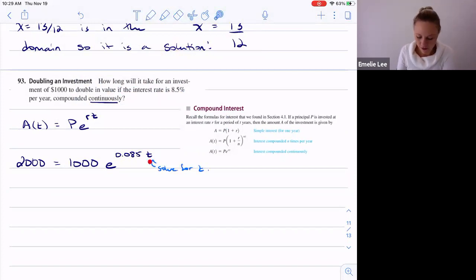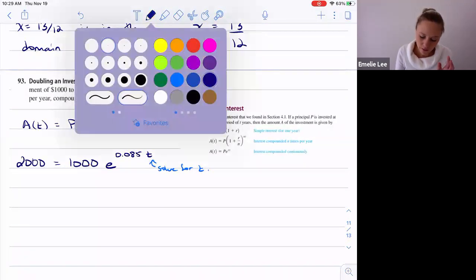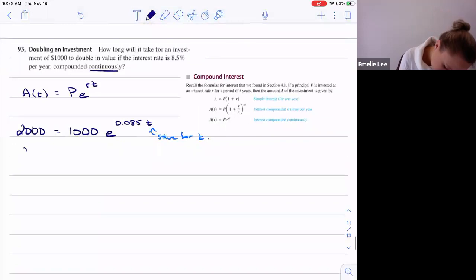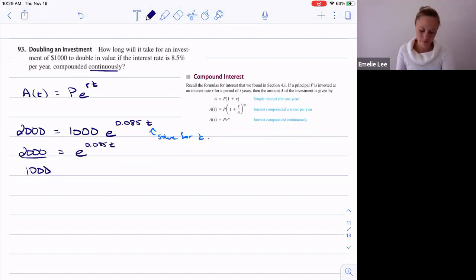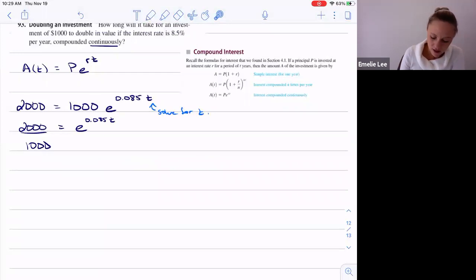If I'm trying to solve for t here, again, I've got this exponential function that I need to isolate. So I need to divide both sides by 1,000. So I get 2,000 divided by 1,000, which is just 2, is e to the 0.085t. If I take the natural log, then the natural log of e is going to cancel out.